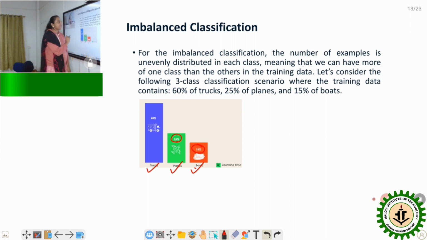That means we don't have an equal number of instances in the classes. If this had been a balanced problem, then suppose 33.33% of the instances would be present in each class. That would have been a balanced problem.